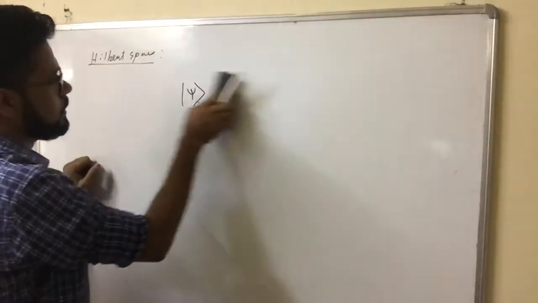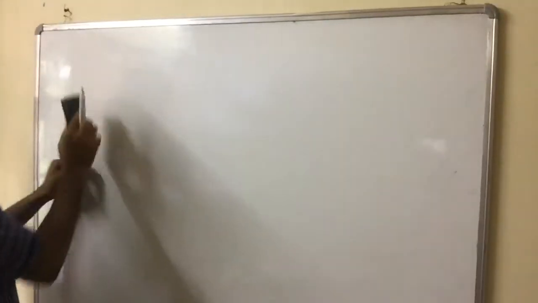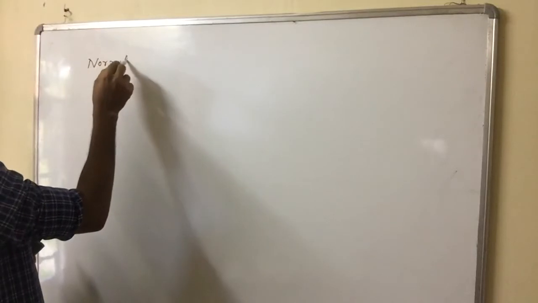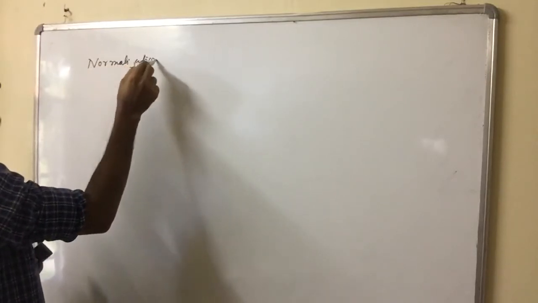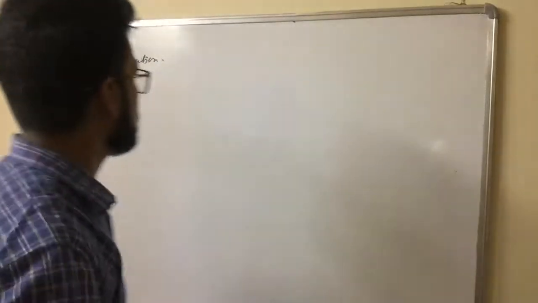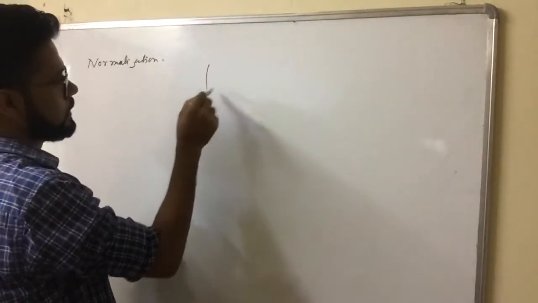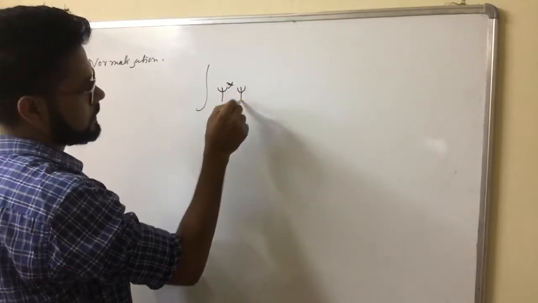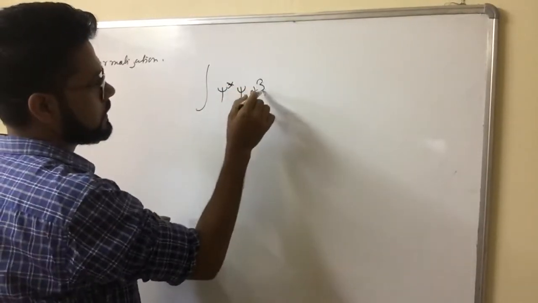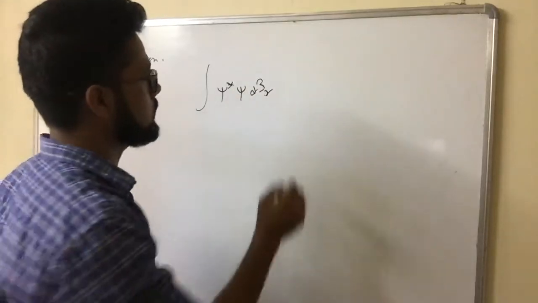Then we talk about normalization. This is the basic normalization condition. What is the normalization condition? We have already studied it in the previous class when we talked about the postulates of quantum mechanics. For normalization, we often write the integral of psi star psi dx. It is one-dimensional; if it is three-dimensional, I can write it as d tau. Okay, this is the normalization condition.